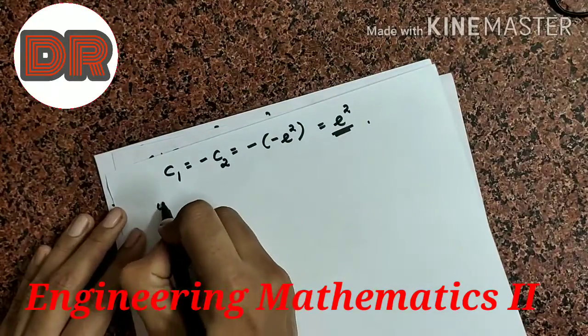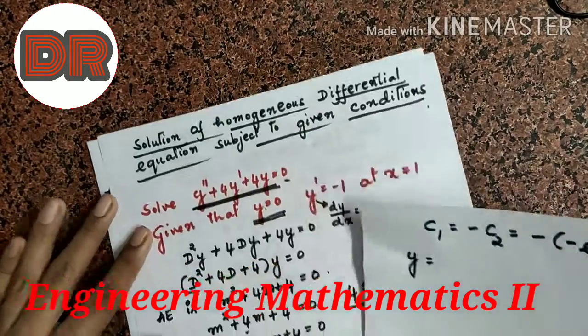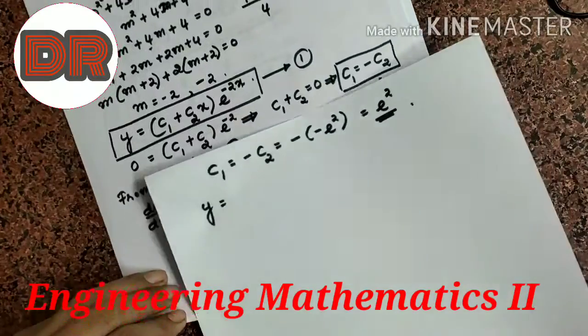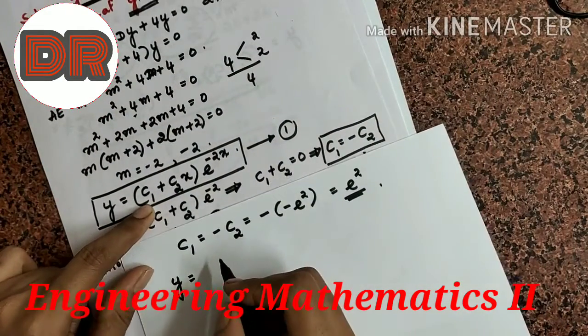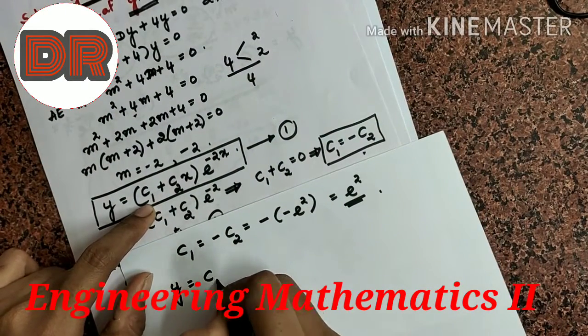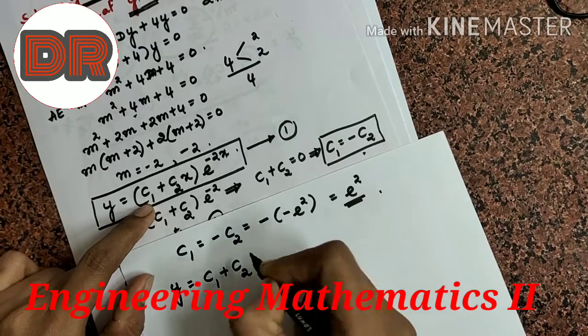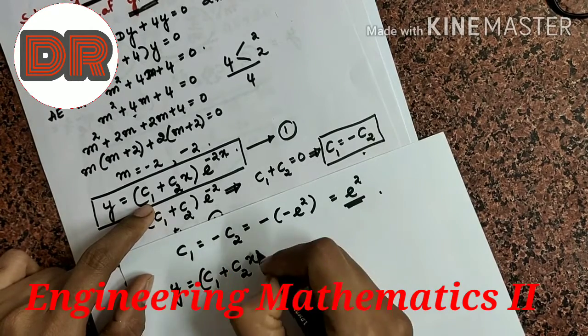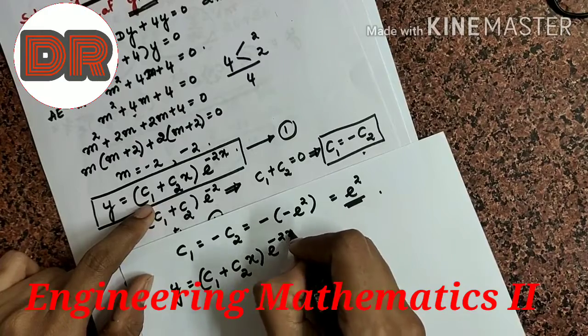Now the solution y is equal to, we have already written the solution here. So let us substitute c1 and c2. So y is equal to c1 plus c2x e to the power minus 2x.